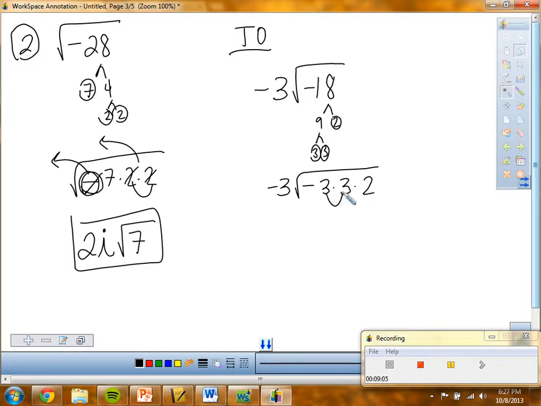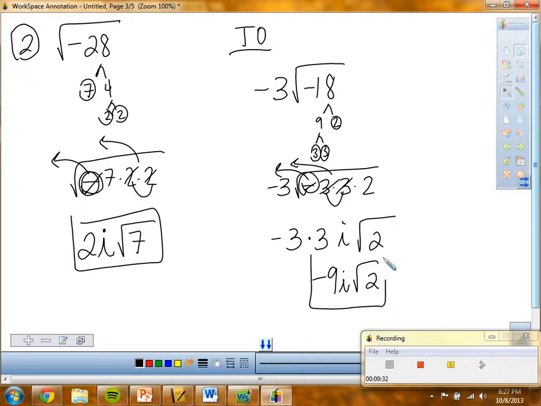I have a pair of 3's, which is going to come out, and my imaginary number, which comes out. So that leaves me with a negative 3 in front, the pair of 3's that I pulled out, my imaginary number. So the only thing left inside is the square root of 2. And I simplify by multiplying everything together. So negative 3 times 3 is negative 9i, the square root of 2. And hopefully that is the answer you got when you checked on your own.